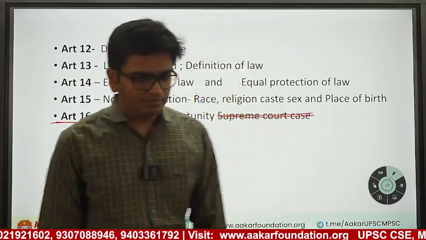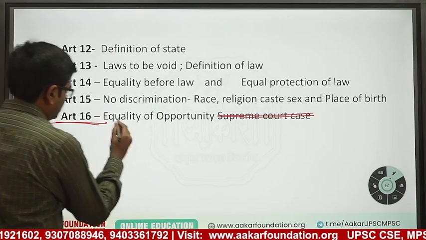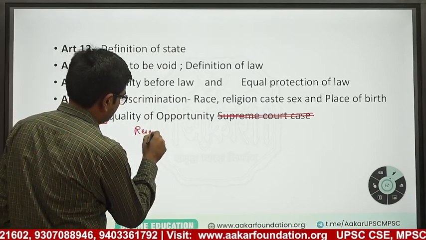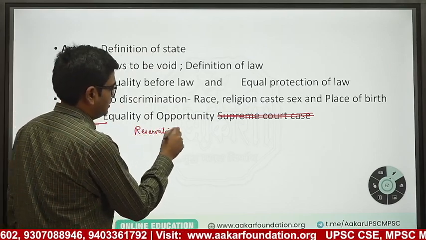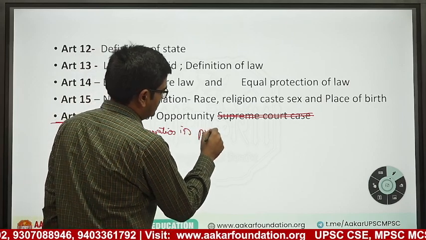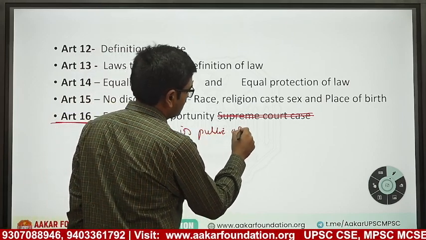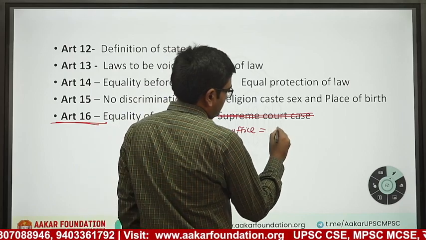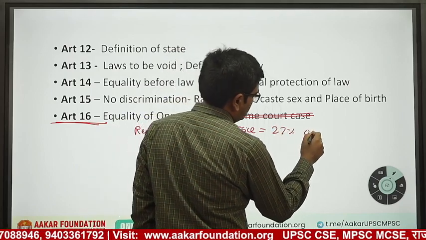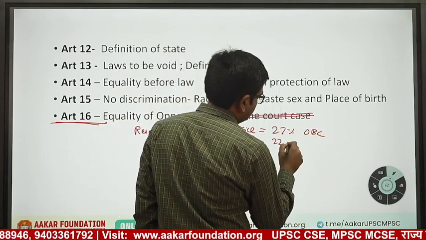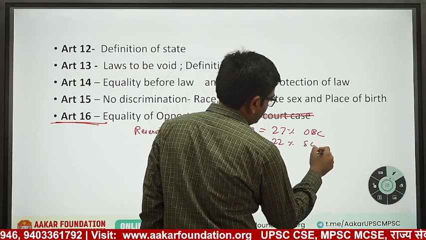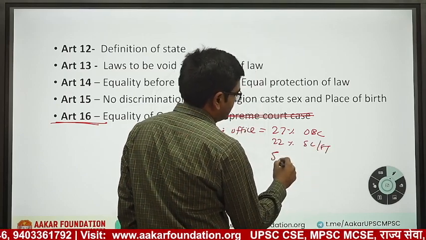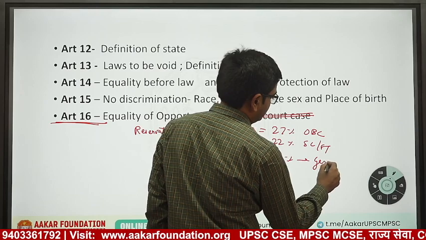After 1992, now there is reservation in public office. So 27% reservation is for OBC, 22% is for SC ST, and the remaining 50% is general category.